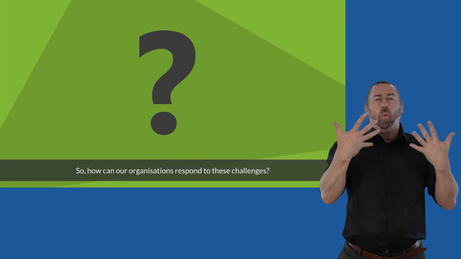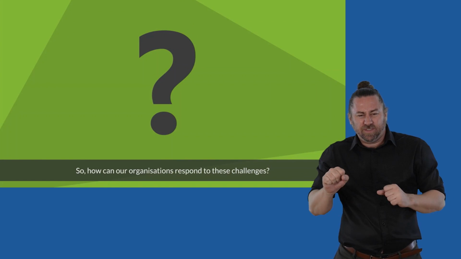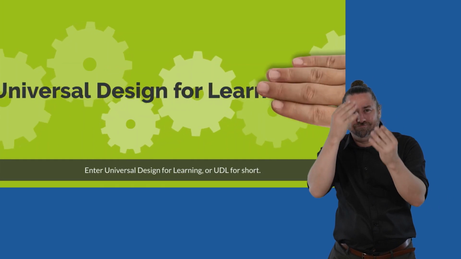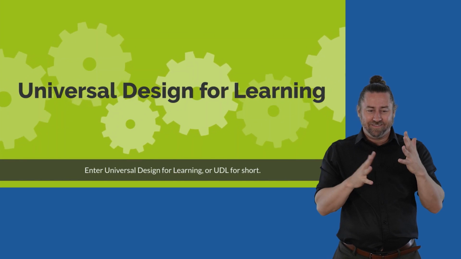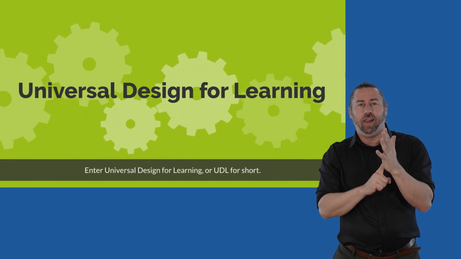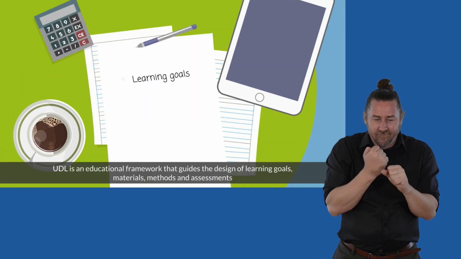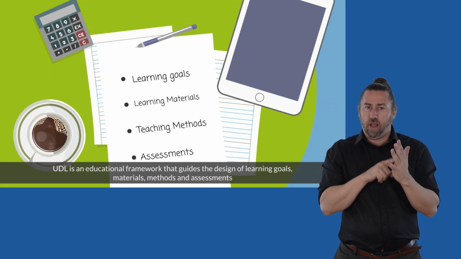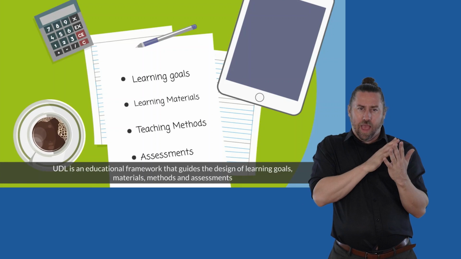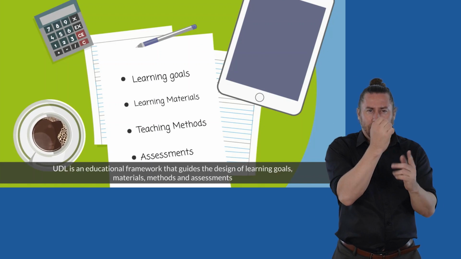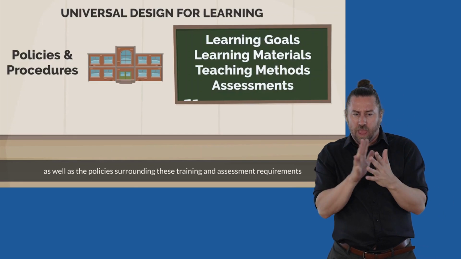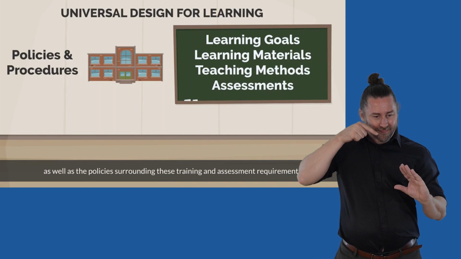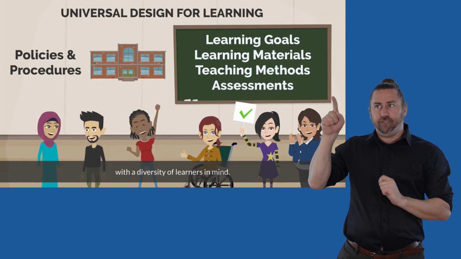So, how can our organisations respond to these challenges? Enter Universal Design for Learning, or UDL for short. UDL is an educational framework that guides the design of learning goals, materials, methods and assessments, as well as the policies surrounding these training and assessment requirements with a diversity of learners in mind.